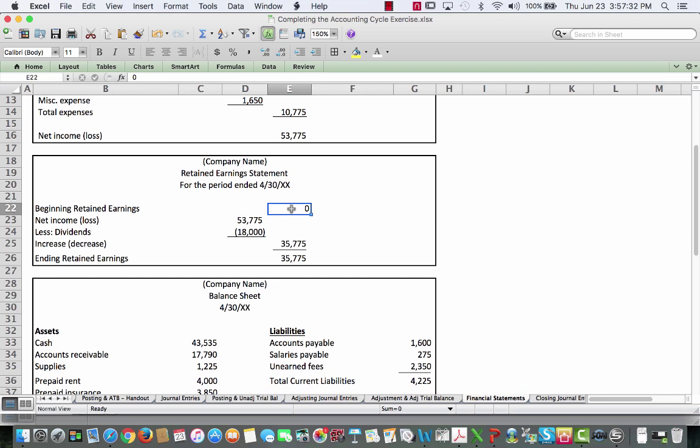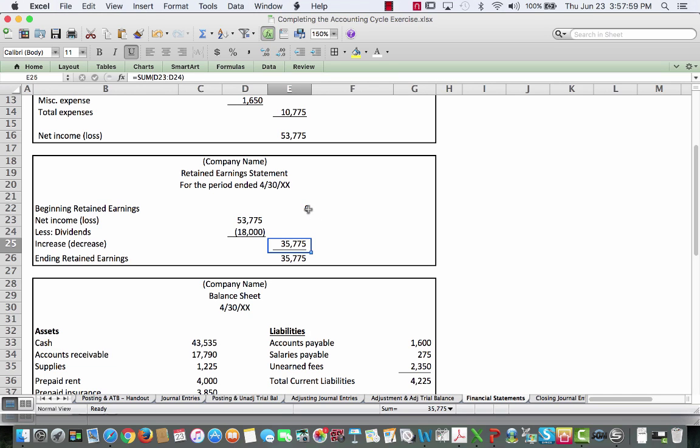Okay. So we're going to start with 0, and I'm going to take my net income from the income statement, and that's going to be placed here. So that's going to increase our retained earnings. And this company paid dividends. The dividends will reduce our retained earnings. Okay. So when we take the difference between income and dividends, we get an overall increase in retained earnings.